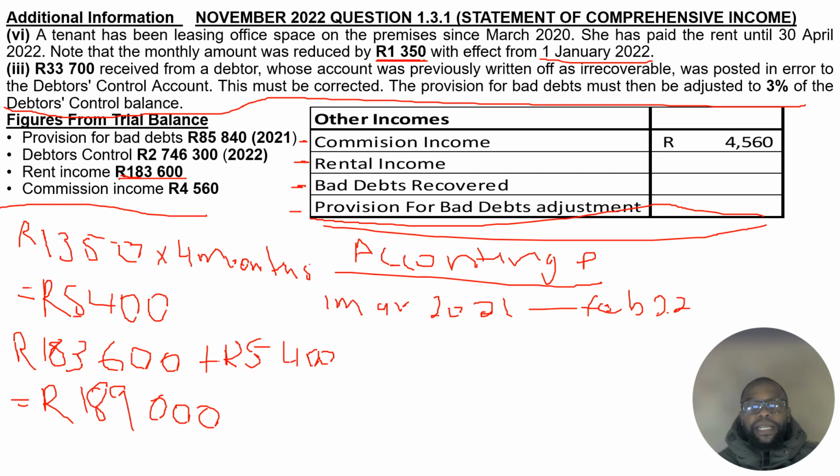So we know this 189,000 is going to be for 14 months, because they paid us from March up to April. So we divide this by 14 months.